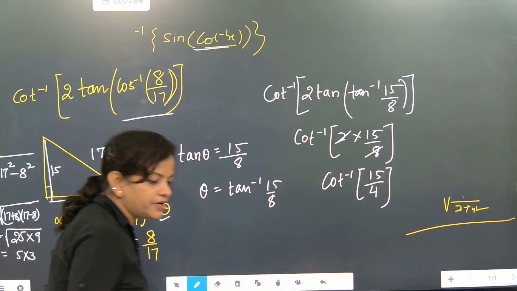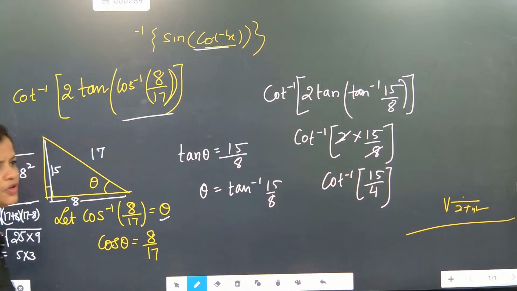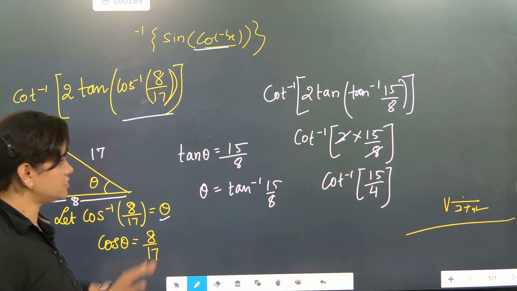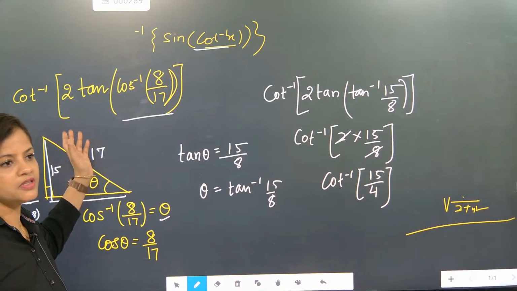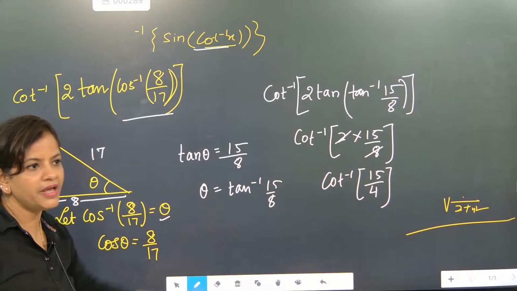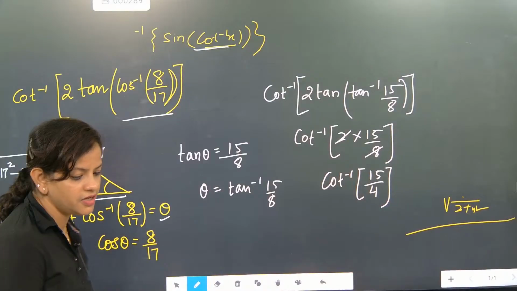Yes, Kishore, cot inverse 15 by 4. So like this, beta, when they will be asking questions, will you be able to solve? Just simple technique. And beta, if cot inverse is there, after that, if some other value will be there, another triangle we will make. We will take phi and solve. So this part, please remember very nicely.